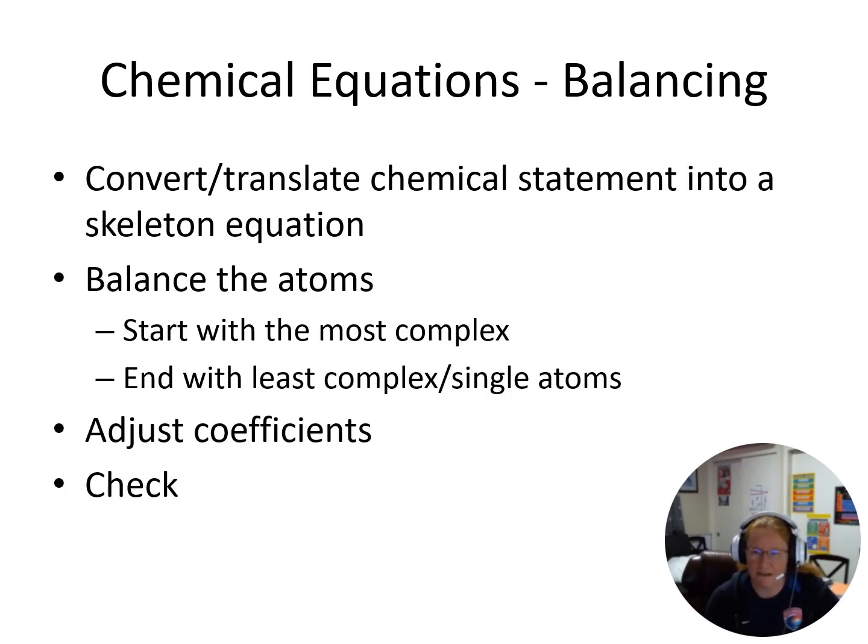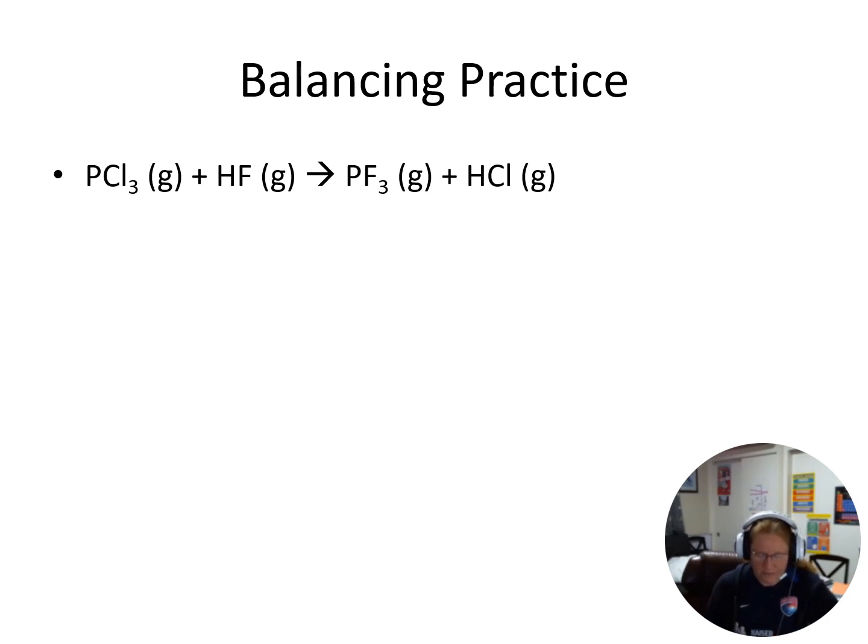When we do our balancing, if we have it written in words, we use our nomenclature and translate that into a skeleton equation. Then we balance the atoms, adjust our coefficients, and double check. When you start off, it's totally fine to keep a ledger.